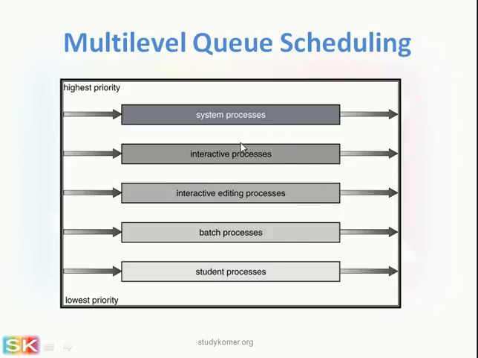For what purpose or what objective you are trying to implement the operating system, what is your target audience, it totally depends on that, right? So it is system dependent which processes will be submitted to which queue with the highest priority, and which processes will be submitted to the lowest priority queue.